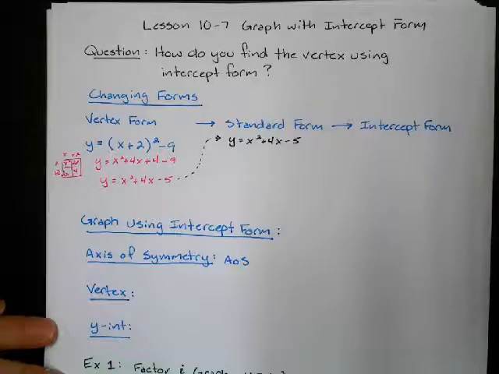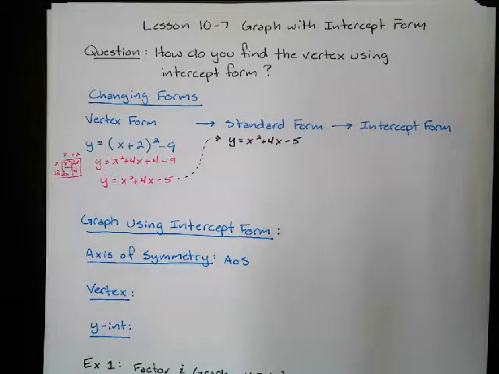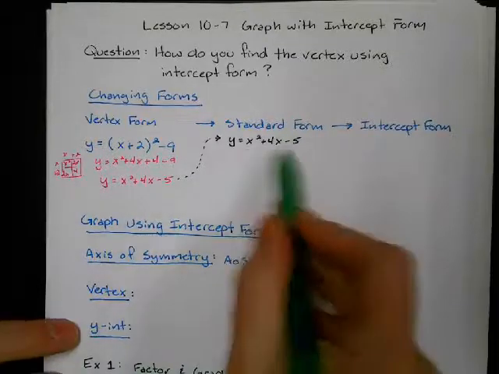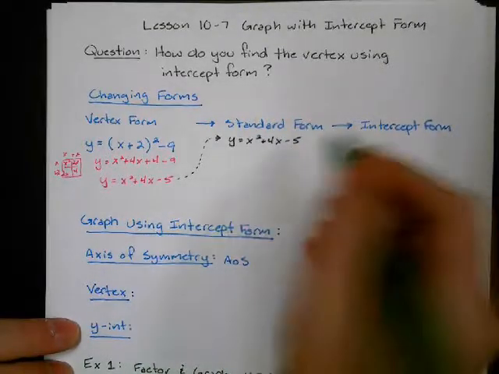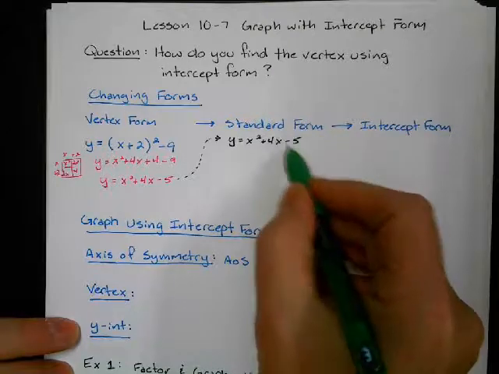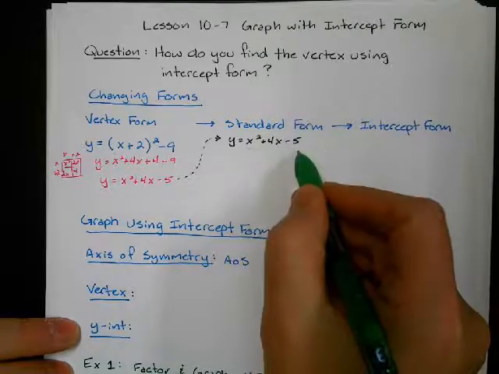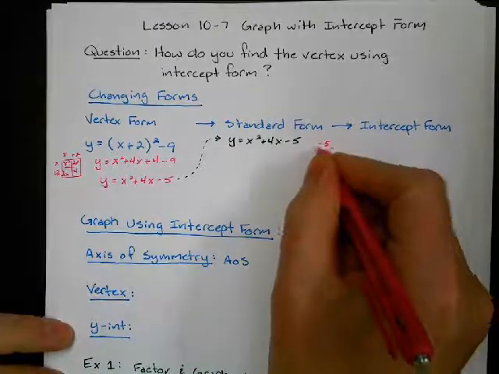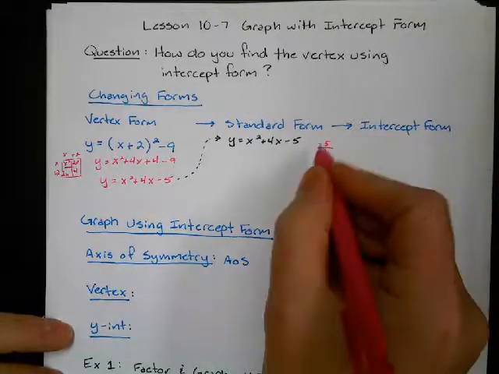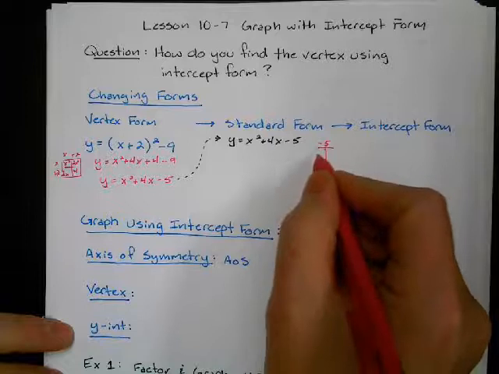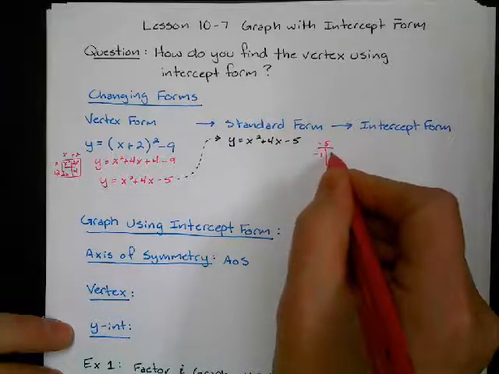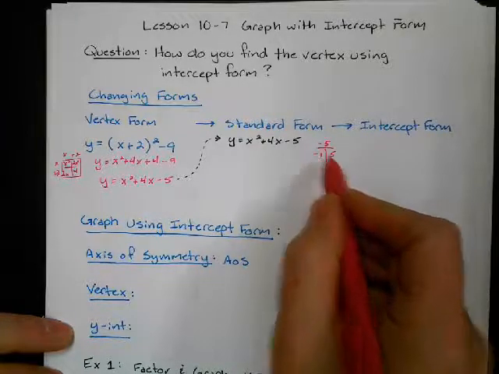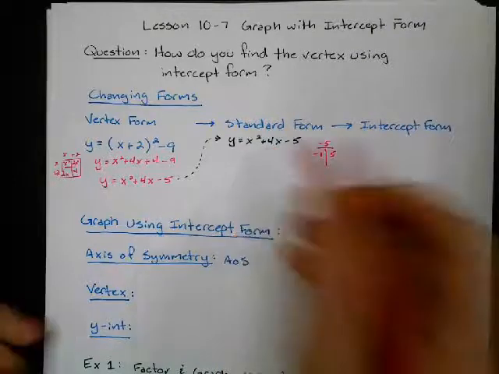If I wanted to take standard form and change it into intercept form, I would factor this part over here. So I've got a negative 5 over here. So this is trinomial factoring. So there's only two factors of negative 5, 1 and negative 5, or we could do negative 1 and positive 5. And these two would give us the 4x there.